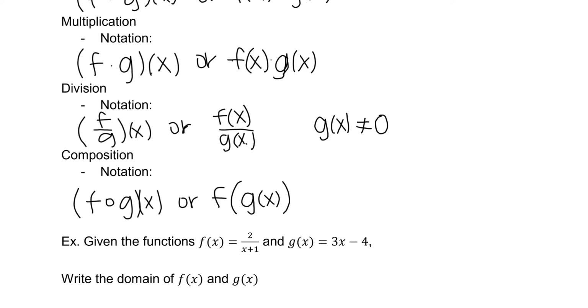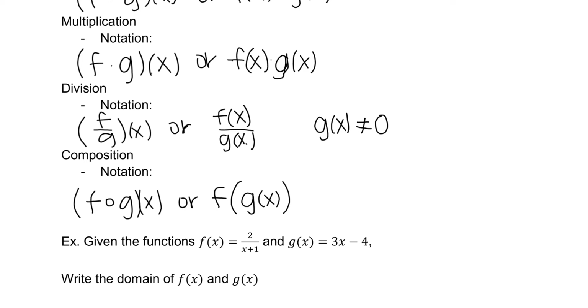Both mean composition. And again, you're going to see this first notation most of the time. And just like subtraction and division, order of composition does matter. f(g(x)) does not mean the same thing as g(f(x)). So those are the notations for the operations. Now let's do some examples.